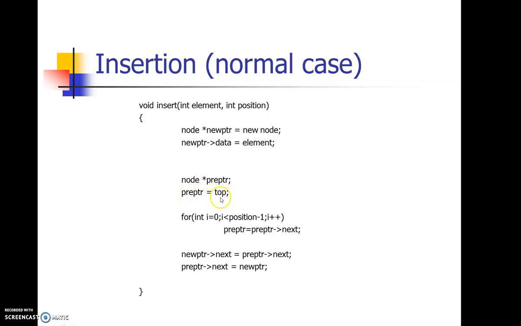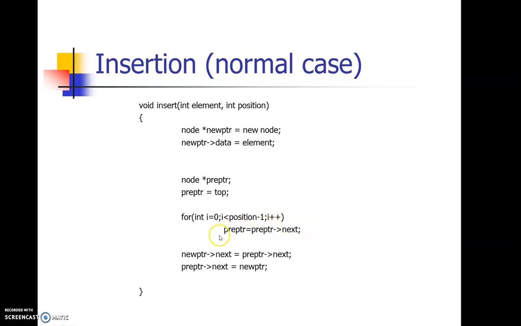And then, just like the traverse operation, we need to walk through items one by one until it stops at position minus 1, indicating where the pre-PTR is supposed to be, and the new element we want to insert is after this pre-PTR location. So we have pre-PTR equal to pre-PTR next, which gives us the location of the movement, and we will be able to move to that location.